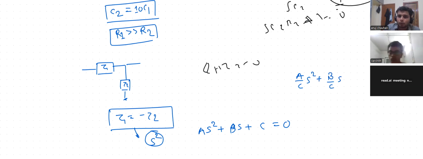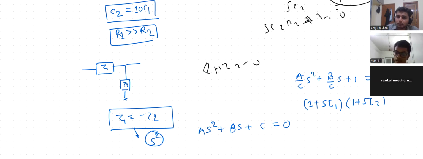If you consider that both the poles are well separated, what is the general expression? 1 plus s tau 1, 1 plus s tau 2. If you expand this, you get tau 1 tau 2 s square plus tau 1 plus tau 2 s plus 1 equals 0.